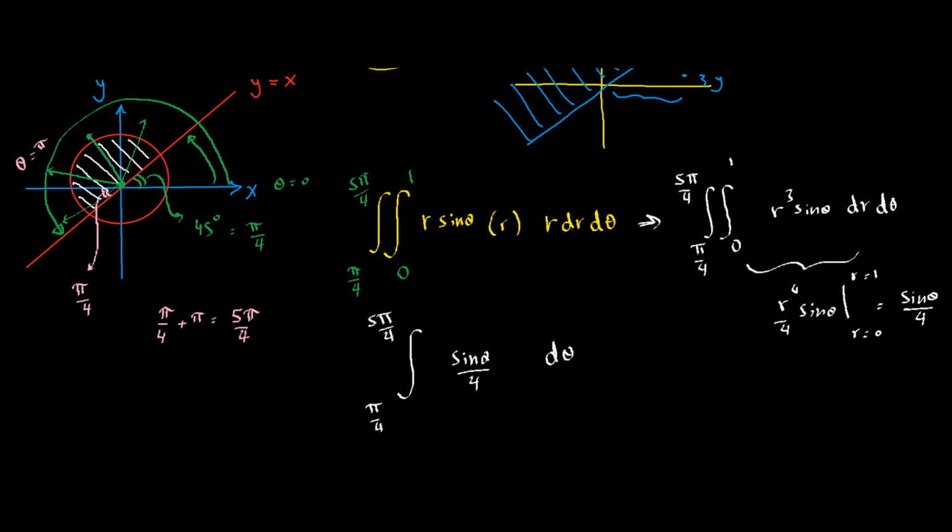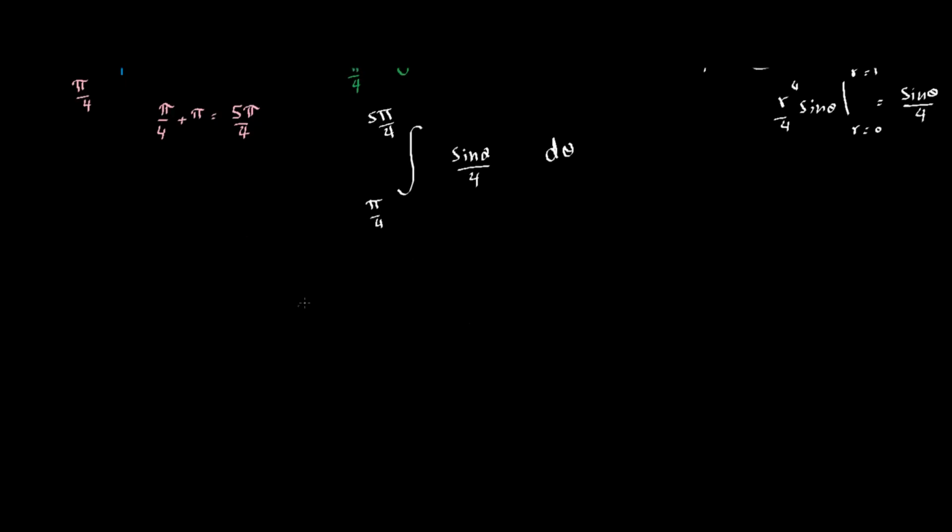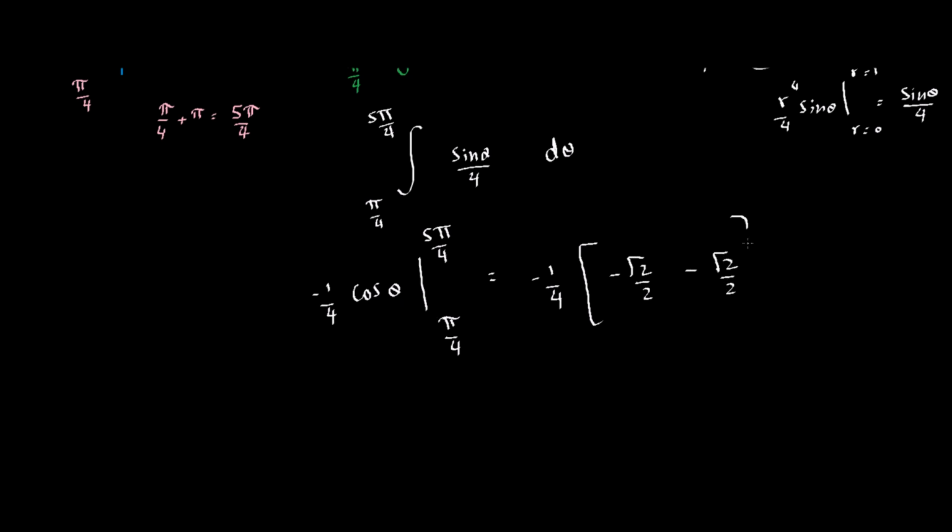So if we integrate this, we get negative 1 over 4 cosine theta, theta ranging between pi over 4 and 5 pi over 4. So if I take negative 1 over 4 as a common factor, I end up with cosine theta ranging between pi over 4 and 5 pi over 4. So cosine 5 pi over 4 is negative root 2 over 2 minus cosine pi over 4, which is root 2 over 2.